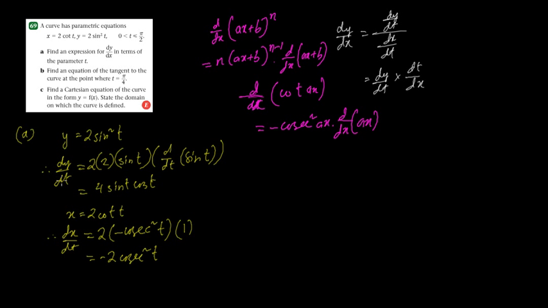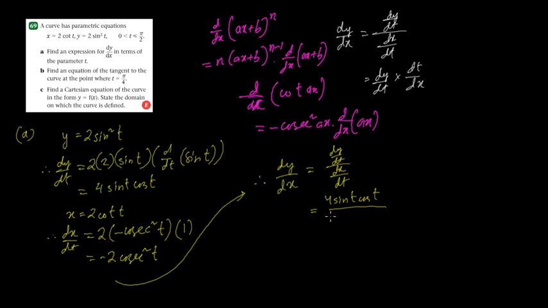Now since we have found both dy by dt and dx by dt, we have to find the derivative. So dy by dx is going to be dy by dt divided by dx by dt. dy by dt is 4 sine t cos t, and dx by dt is minus 2 cosec squared t.